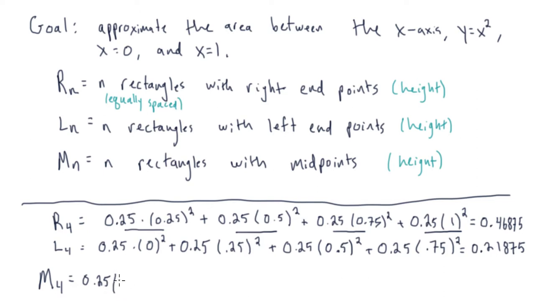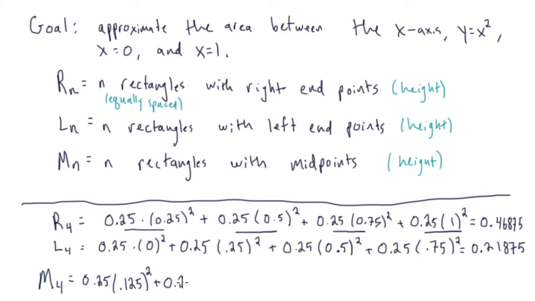But now we're going to evaluate the function x squared at the midpoint. So the midpoint of the first subinterval is 0.125. So I got that just by averaging 0 and 0.25, the left and right endpoints. So that right in the middle is 0.125.